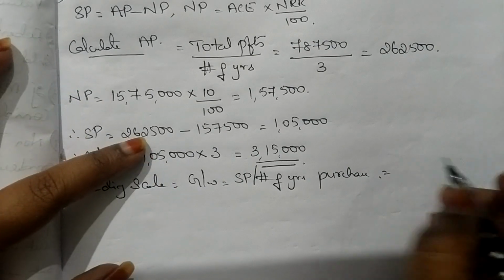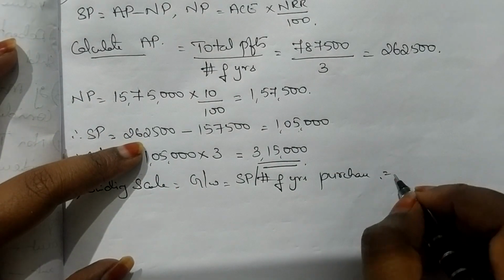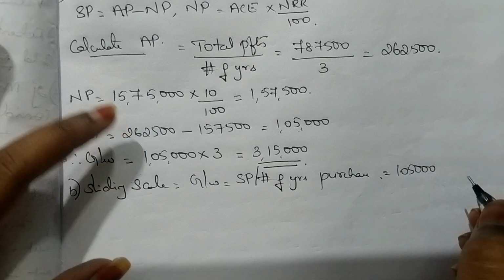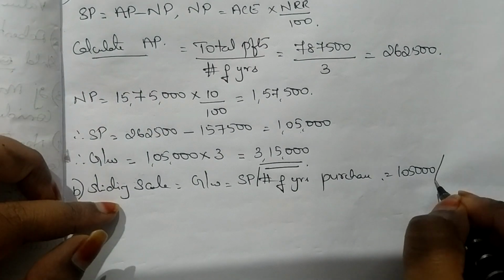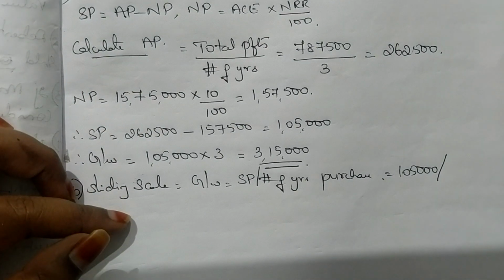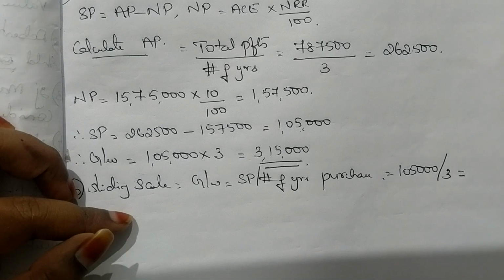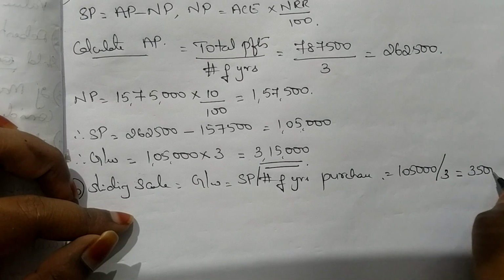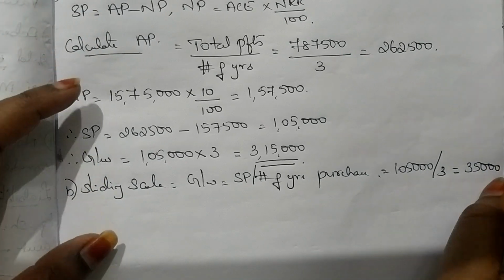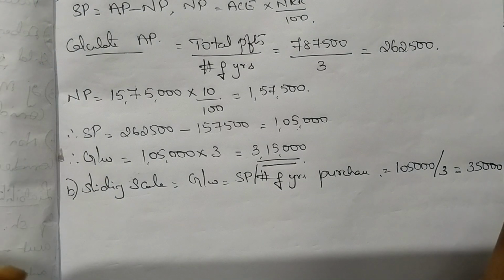Super profit we have already calculated, which is 1,05,000 from the previous method, divided by number of years purchase, which we have just taken is 3. So 1,05,000 divided by 3 will give you 35,000. Okay, 35,000 is not the actual value of goodwill.